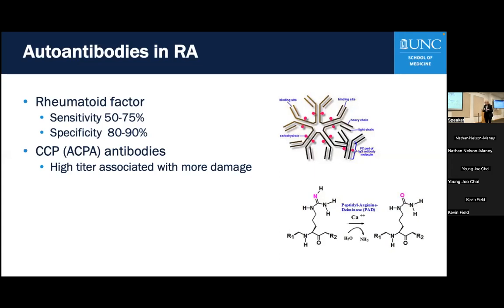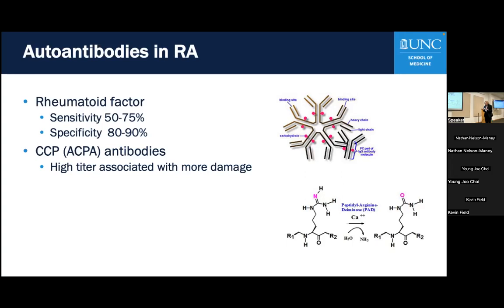So we mentioned that this is an autoimmune disease where your body is making something that's attacking its own tissue. Antibodies are part of that. There are two different kinds of antibodies that we see in rheumatoid arthritis. One of them is a rheumatoid factor, and then the other one is an antibody to citrullinated peptides, which Nate talked about a minute ago.